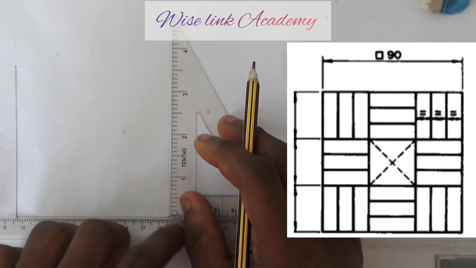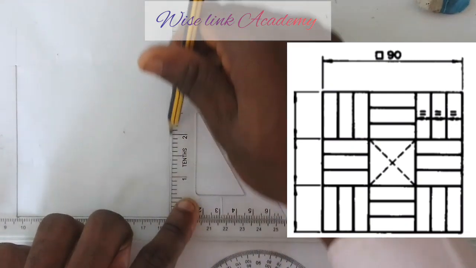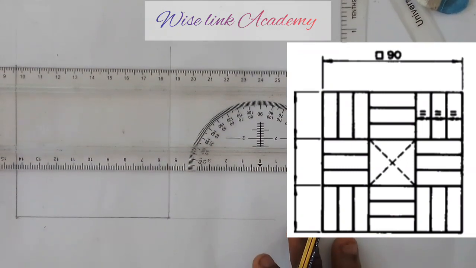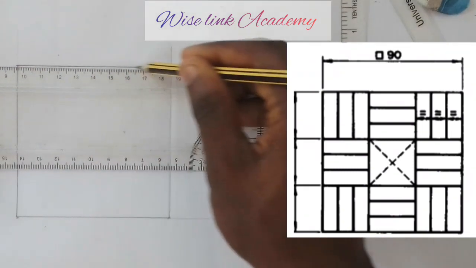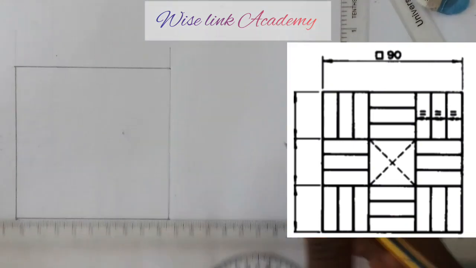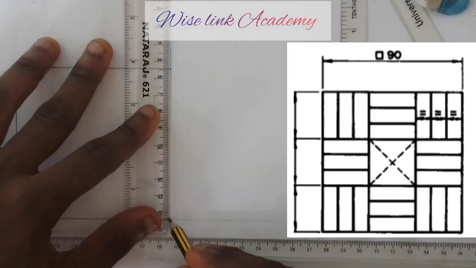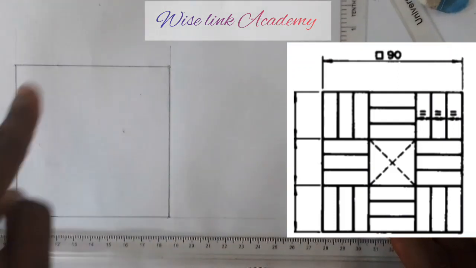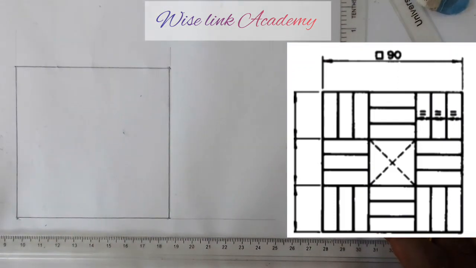Vertical line upward. Yeah. So I will automatically close this part up, at this point to this point. Similarly, I have this square. It simply means all the sides here are of 90. What do you observe?